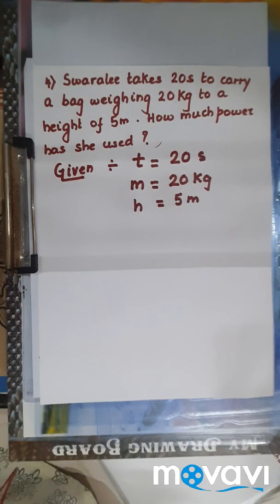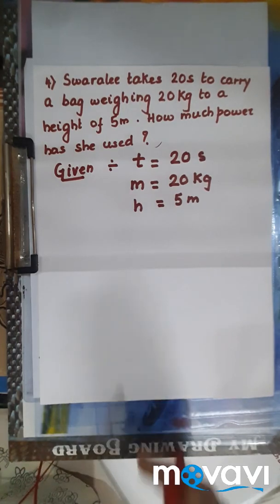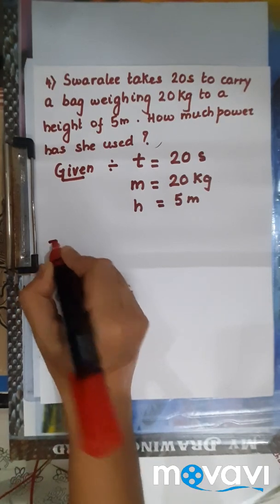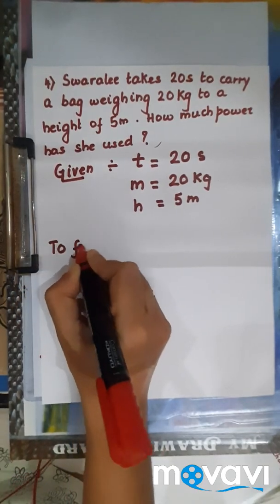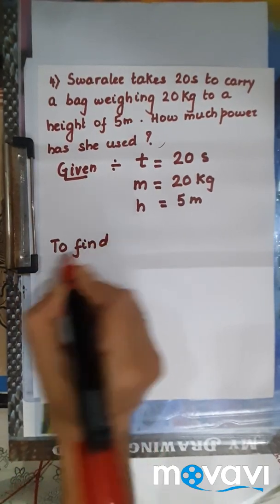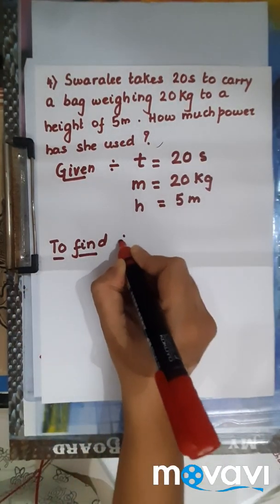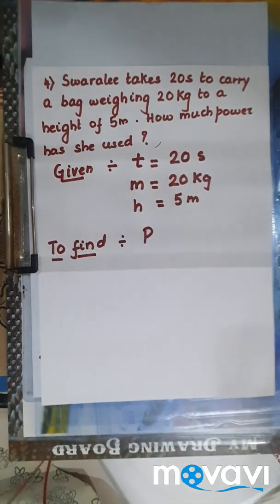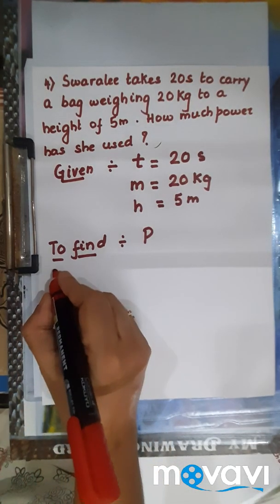Correct. So power is equal to, so I have to find the power. Correct. Now we know power is equal to work upon time. So first let us calculate the work done. So solution.